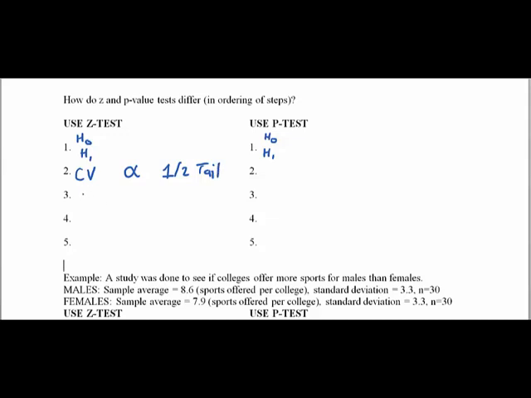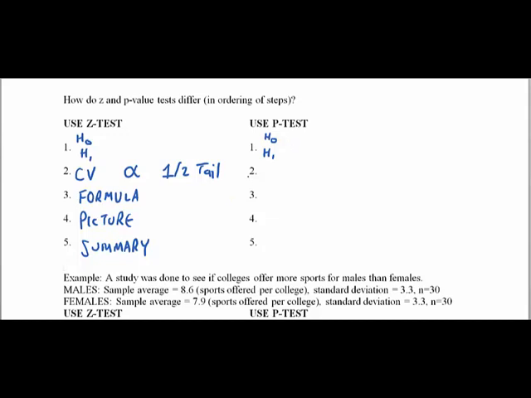The third step will be to use the formula, and the formula is on your formula sheet. The fourth step is to draw a picture. The picture will have a normal curve, and it will also have the number of standard deviations away the critical value is, and we can compare that to the formula, and then we're going to write our summary statement about whether we are going to reject or not reject the null hypothesis.